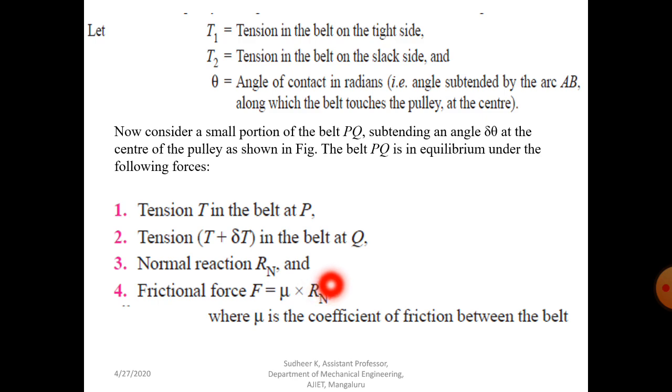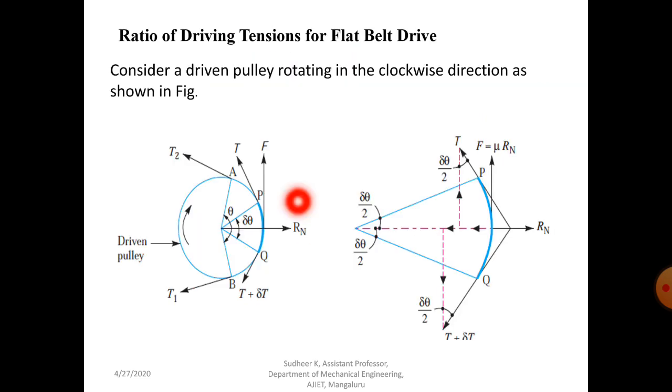The frictional force between the belt and pulley surface is given by capital F, which is always mu into Rn. Mu is nothing but the coefficient of friction between the belt and pulley. You can see here there will be a normal reaction at this point at the center, that is Rn. The frictional force is always perpendicular to Rn, and it is always mu into Rn.